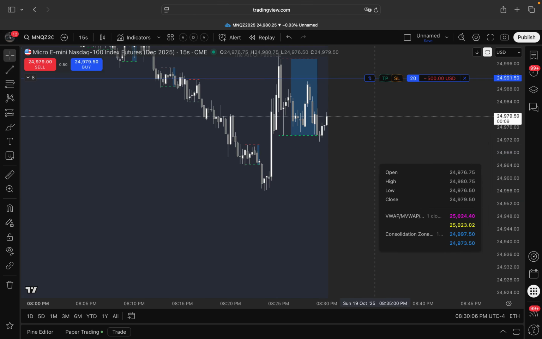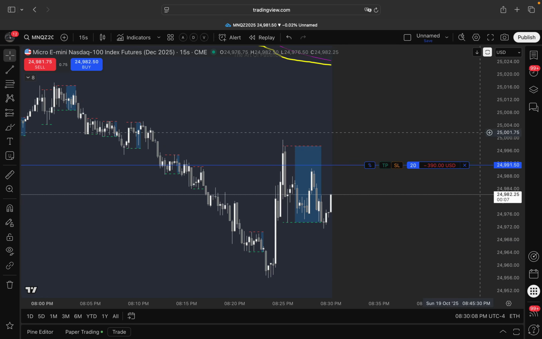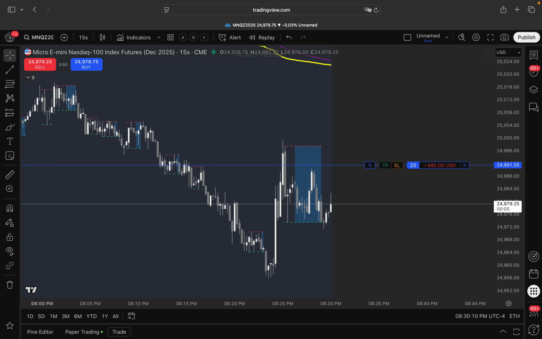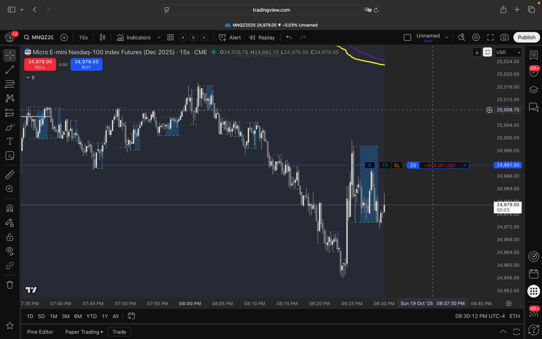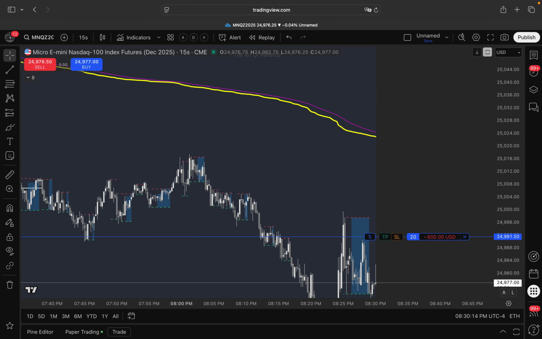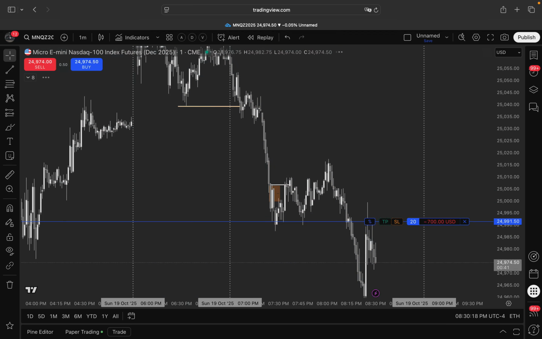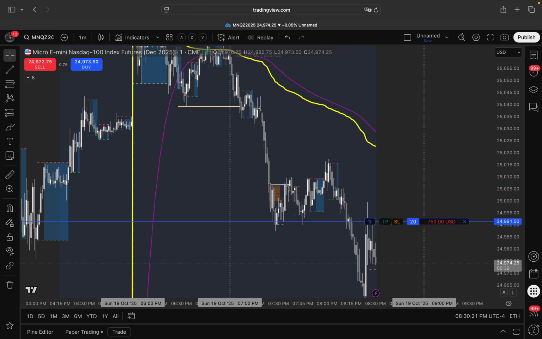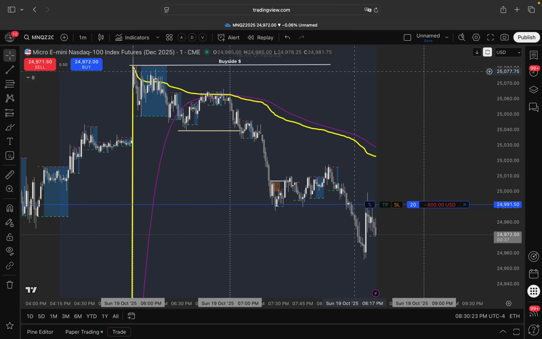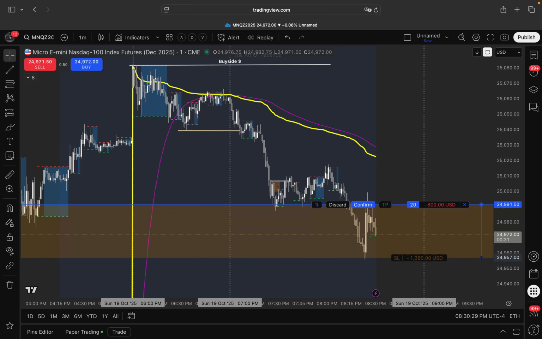My stop loss is already in place. And then my take profit, since I'm anticipating for price to go up, I want to move that take profit just above the VWAP because I would like to see a nice breakout, or just below the buy side liquidity, the opposing liquidity that we are targeting.